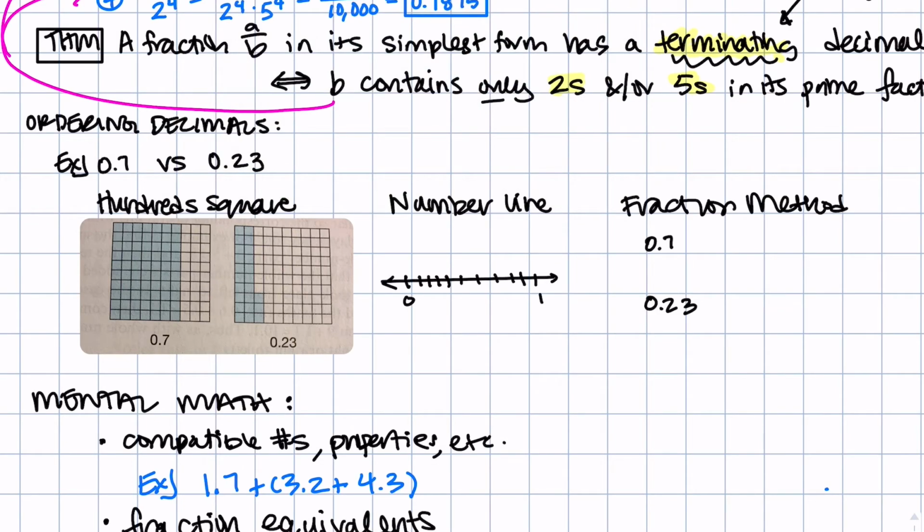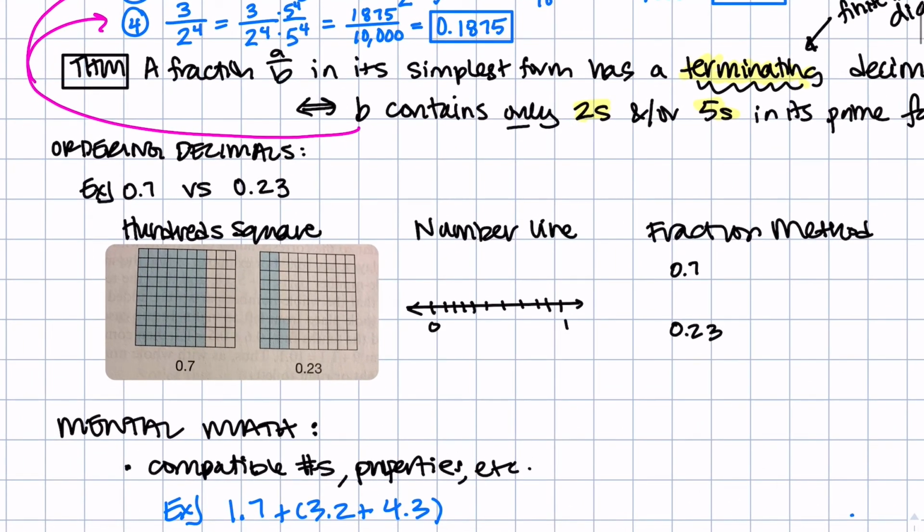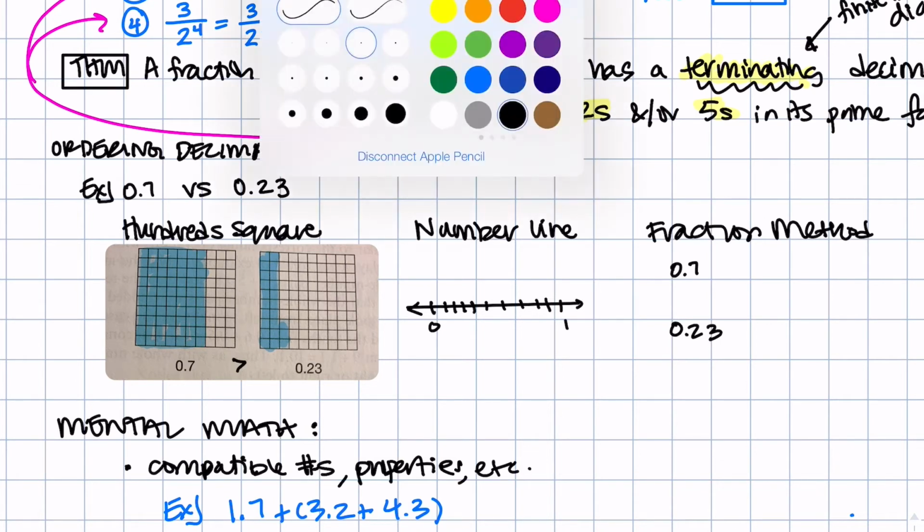I can represent both 0.7 and 0.23 in the hundredths square. 0.7 would be 7 whole columns, so this is 0.7 of the hundredths square. And if I shade in 0.23 of the hundredths square, it is quite clearly a smaller region than the other one. That tells me that 0.7 is greater than 0.23. So there's one visual representation.